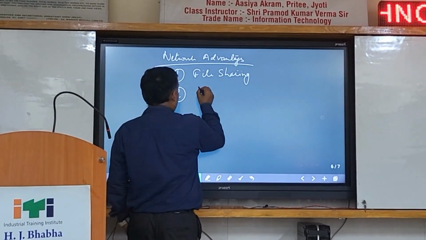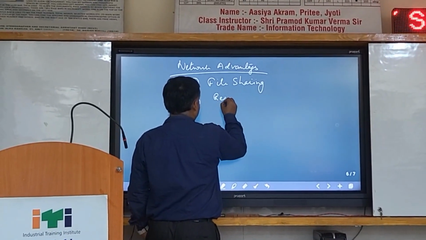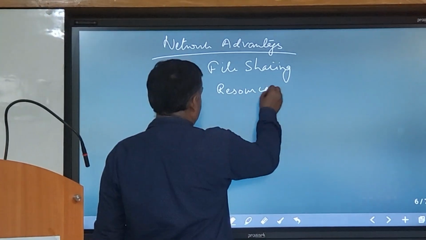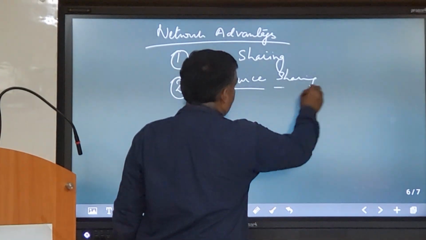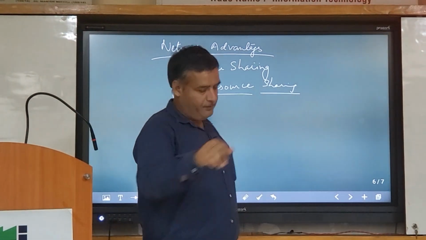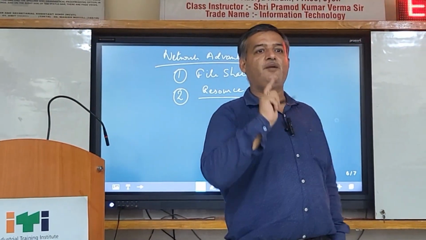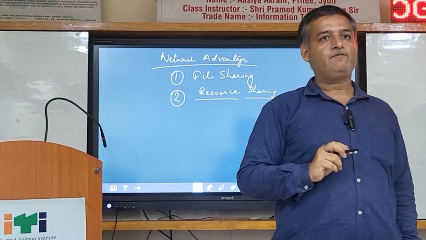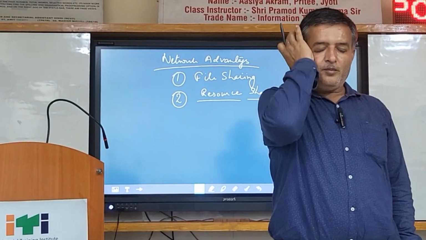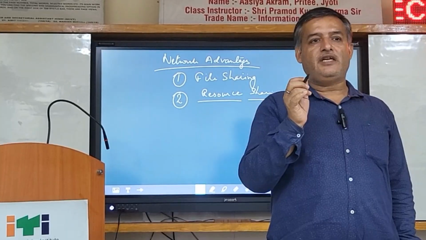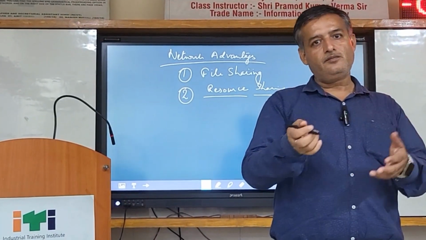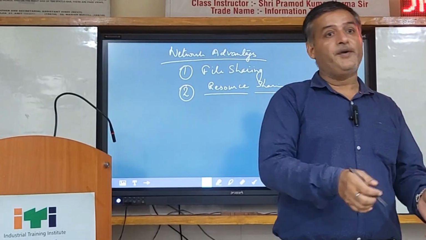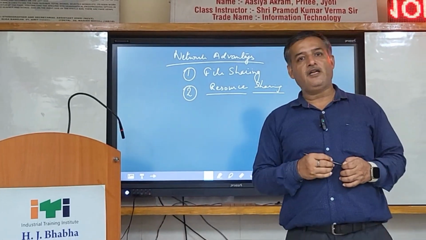Secondly is resource sharing. What is the meaning of resource sharing? Suppose we have 10 computers in a lab and only a single printer. One person wants to get a printout; he should have a printer, only then will he get a printout.